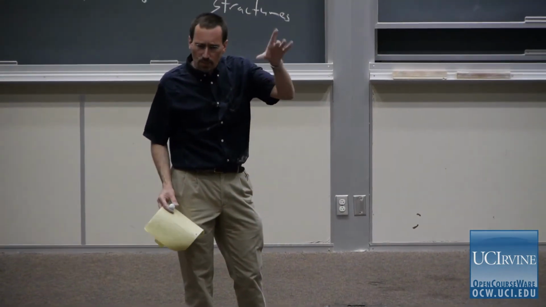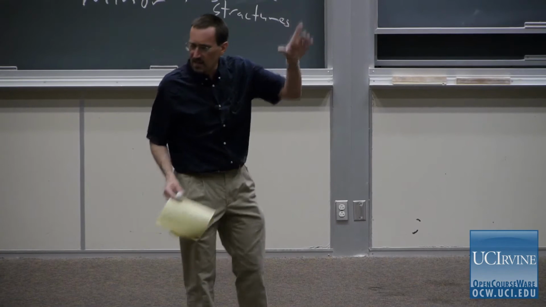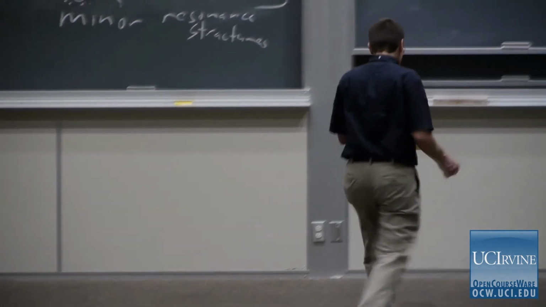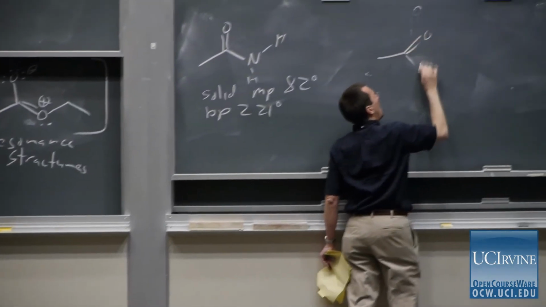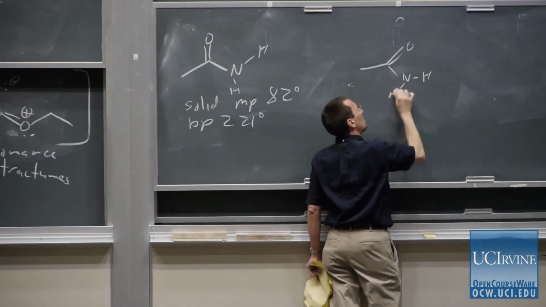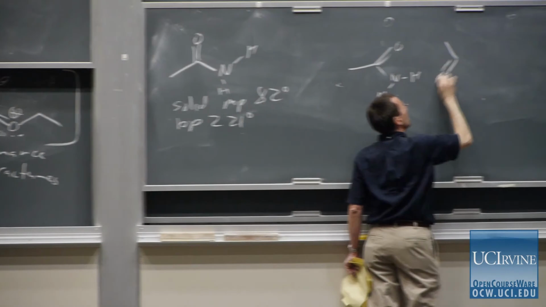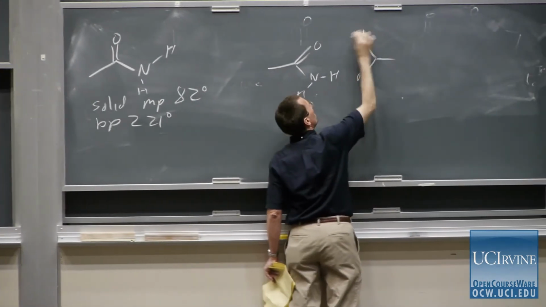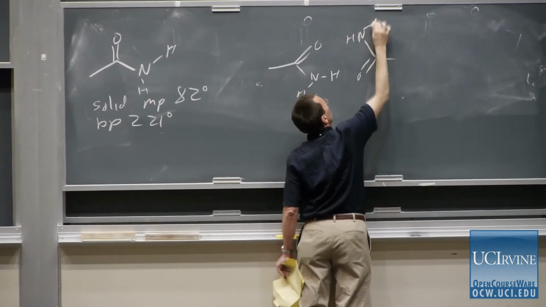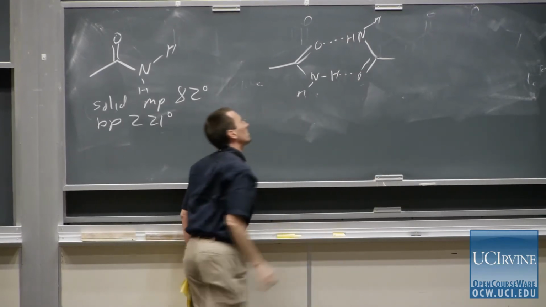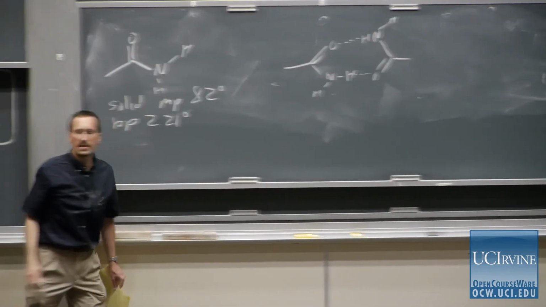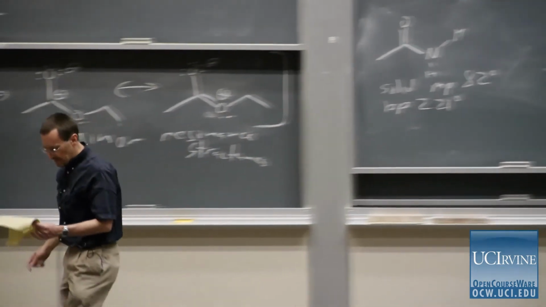And we saw this principle in carboxylic acids when we talked about their high boiling points. Acetamide has the ability to hydrogen bond, and so you can form hydrogen bonded dimers, and you can get further hydrogen bonding because you have the electronegative nitrogen bound to the hydrogen, and so that can make these molecules stick together.